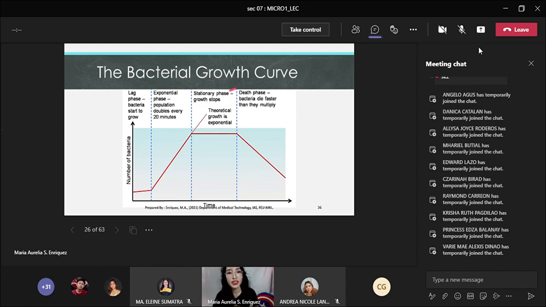And lastly, the death phase, this is now where no new cells are being created, not much nutrients is available, more cells are dying, and more toxic waste are accumulating. Okay, so again, this is the bacterial growth curve depicting the 4 stages of bacterial growth.